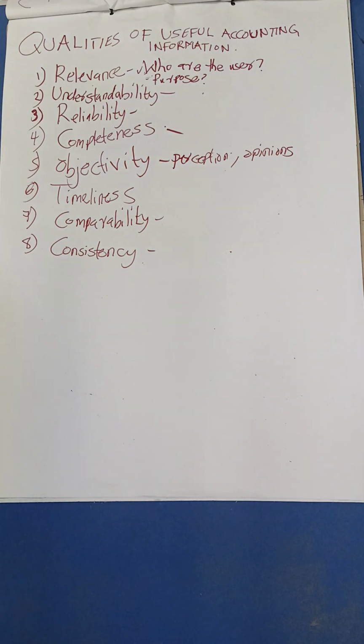Consistency and comparability go hand in hand. The way you have treated your business in this trading period, make sure you also treat it the same way in the next trading period.